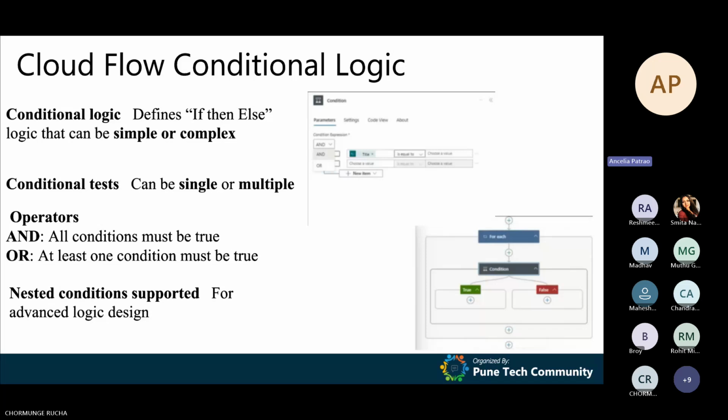Like we can write rules like if the department is sales and amount is rupees 50,000, send it for approval. And once the approval is done, then generate a PDF of the same, or else send a warning. So this makes work so easier. Nested conditions support advanced logic, so this makes your flow smart and context aware.